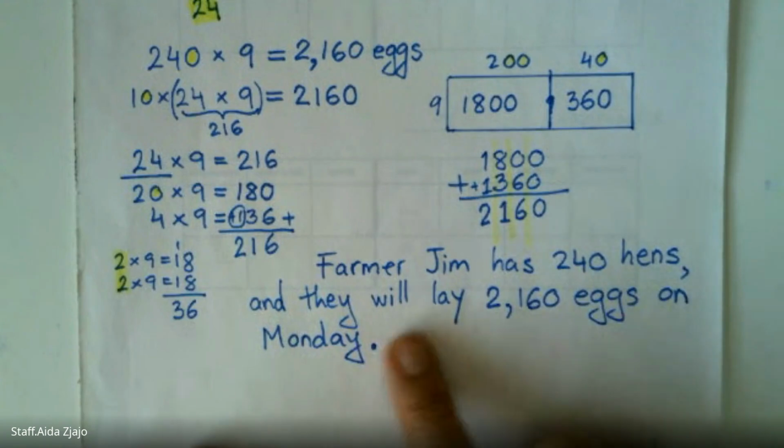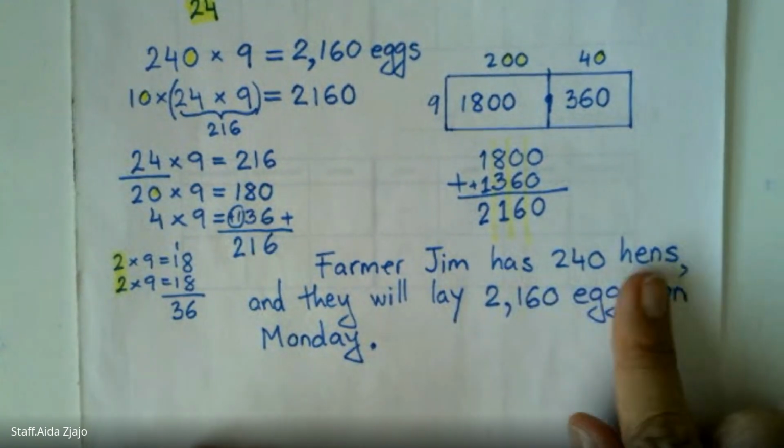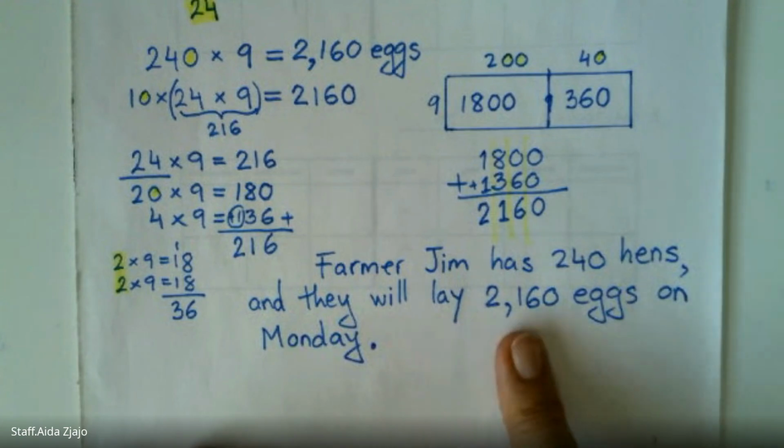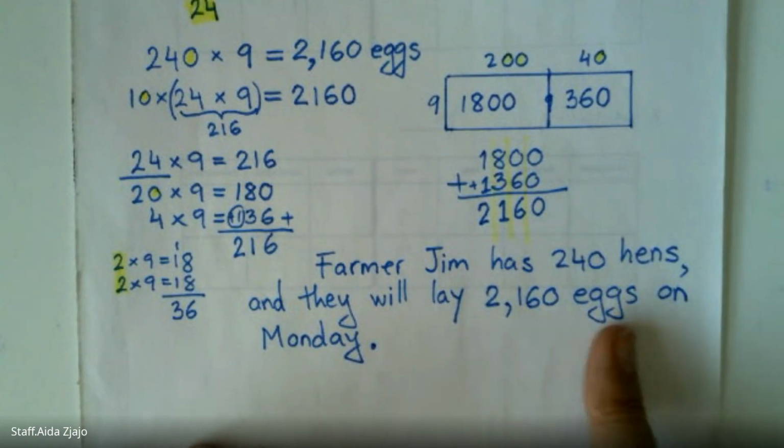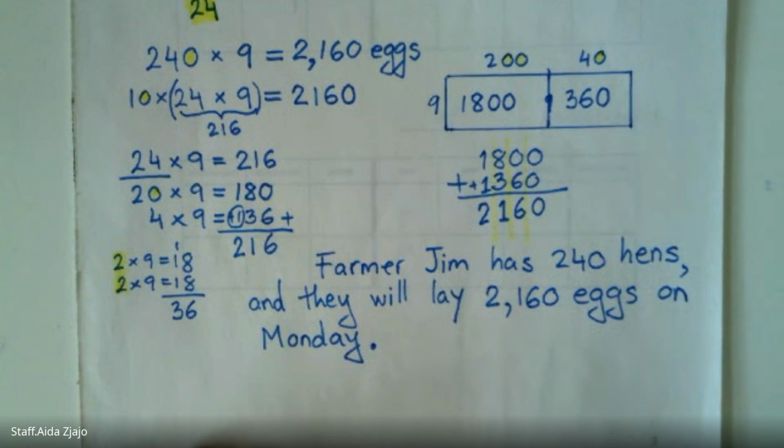So Farmer Jim has 240 hens, and they will lay 2,160 eggs on Monday. So that's how many he will collect.